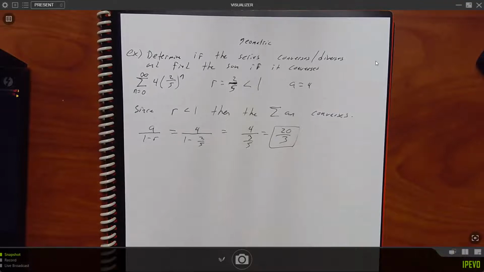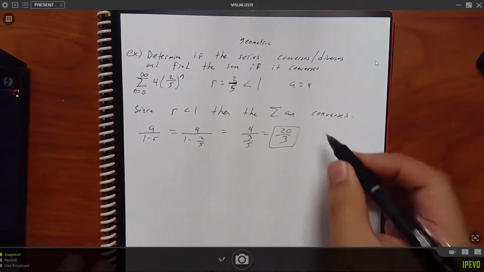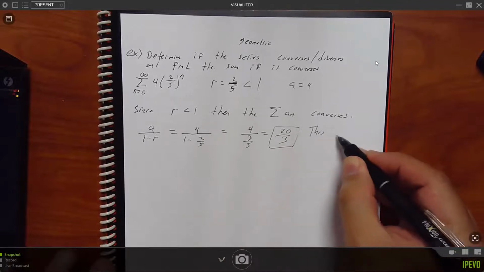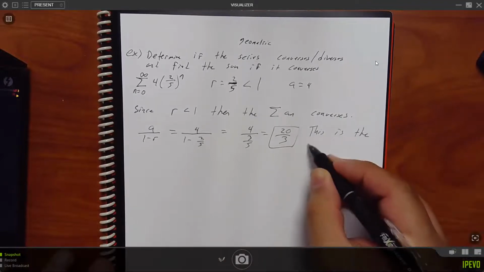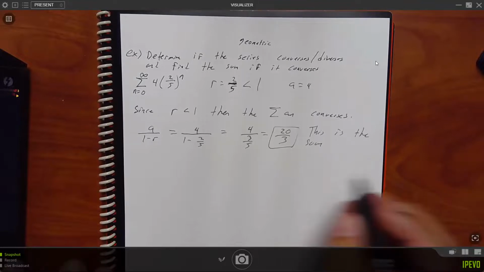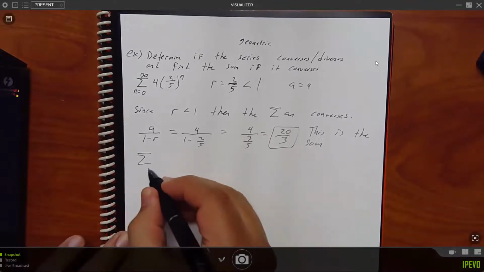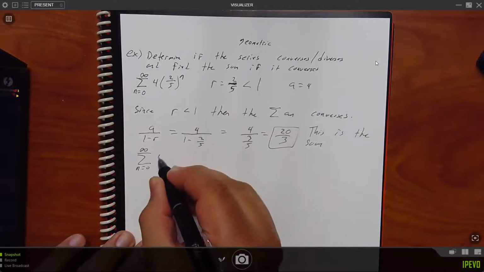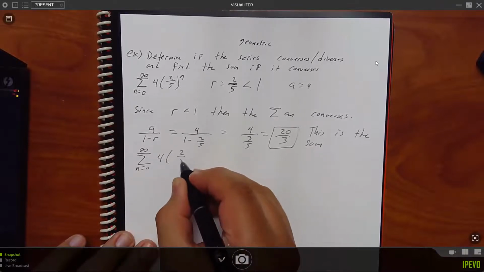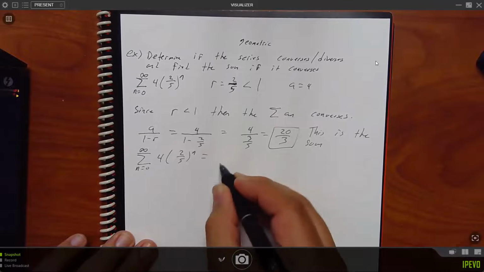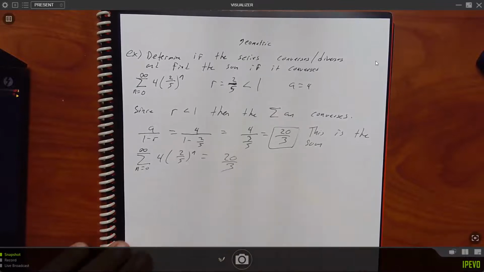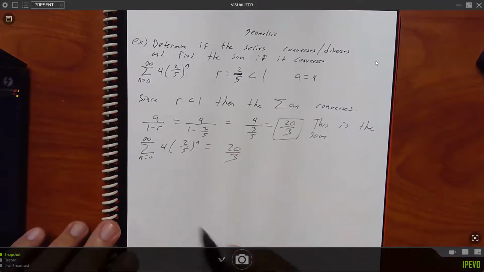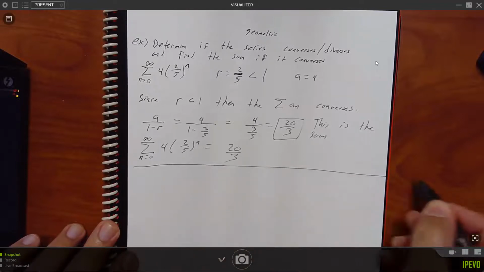Yeah, that's it. So this is the sum. Just to make it a little clear, the sum of the series is equal to 20/3. Any questions on this example?